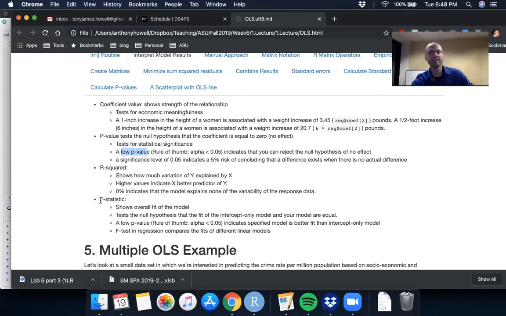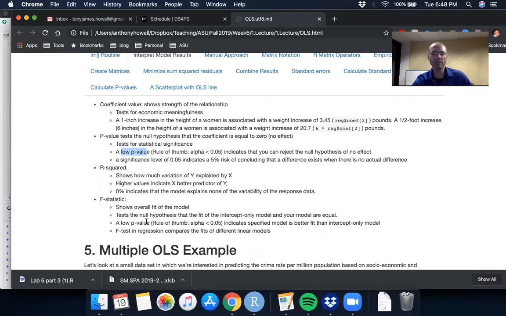Our F statistic is showing the general overall fit of the model. It is essentially testing the null hypothesis that running a model with only an intercept is statistically the same as the model that we actually run that includes our x's.